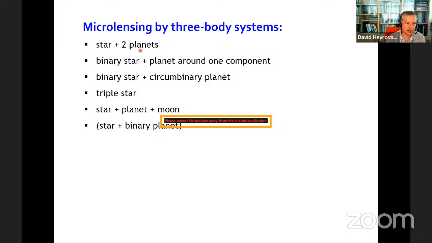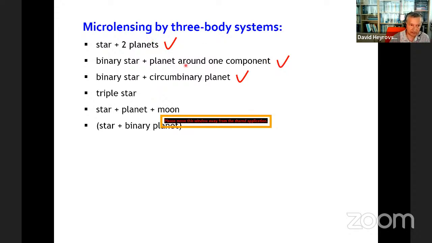We already mentioned a star with 2 planets, a binary star with a planet around 1 component, a binary star with a circumbinary planet. In principle, you could have also triple stars, or you can have a star with a planet with a moon. Maybe you could have also a star with a binary planet if such things exist. Maybe they do. The first 3 cases have already been detected.